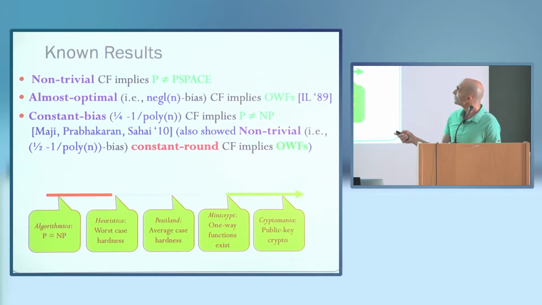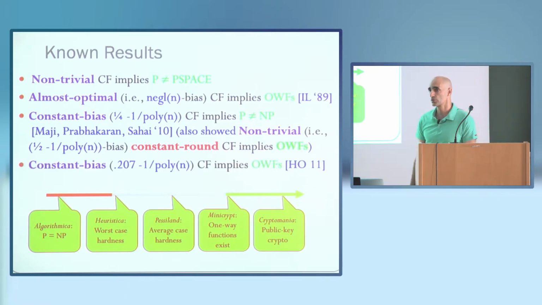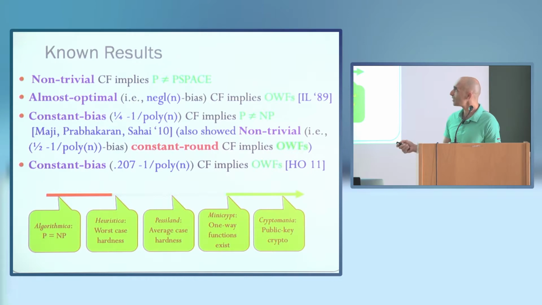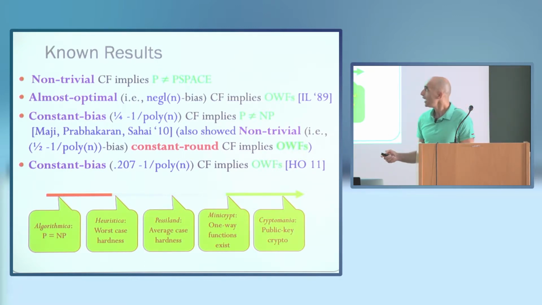And in 2011, in a work together with Iftach, we showed that there is a constant, 0.207, such that if you have a constant bias coin flipping with that constant, then this already implies one-way functions. And I'm not going to read out loud the 1/poly factors.